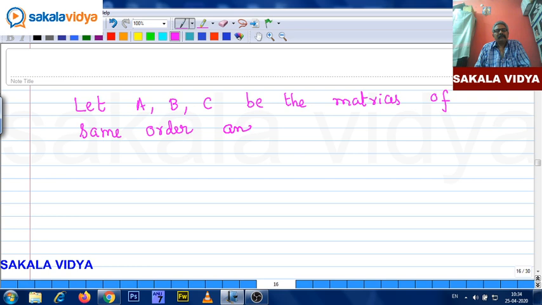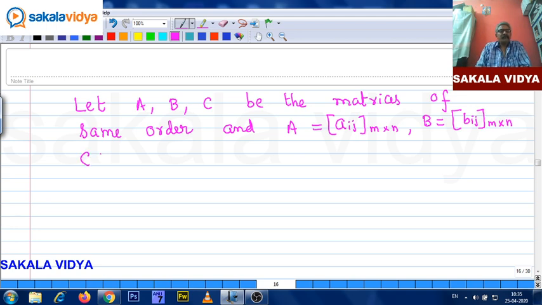Let us write compact forms: A is equal to Aij whose order is m by n, B is equal to Bij whose order is m by n, and the matrix C is equal to Cij of order m by n.